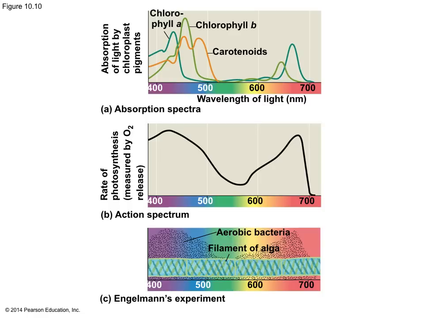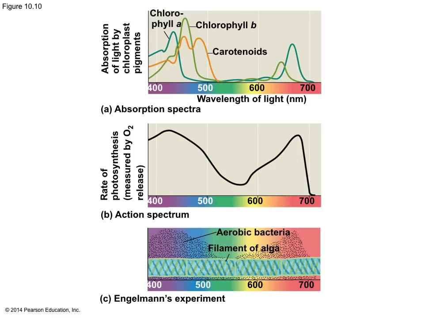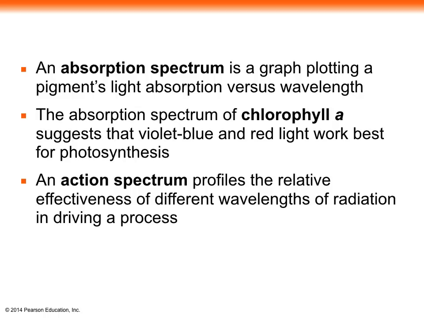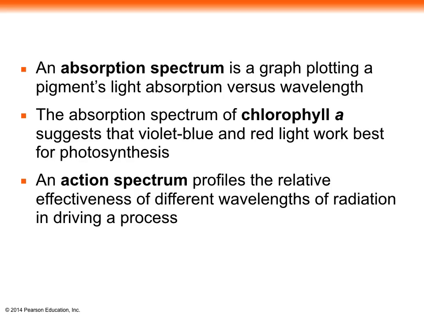So you have chlorophyll A. You also have chlorophyll B, which is another pigment that's structurally a little bit different than chlorophyll A, but close. And you also have carotenoids, which are another accessory pigment that absorbs slightly differently. But overall, you notice that none of them really absorb those greens, and that's why they reflect the green, and that's why you see green when you look at leaves.